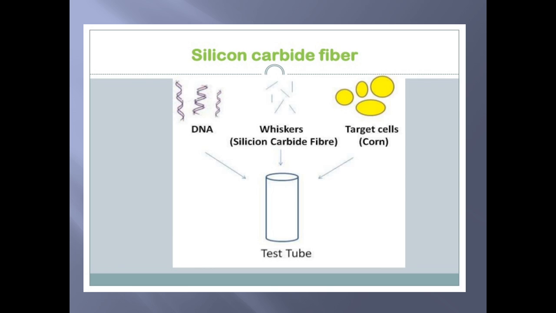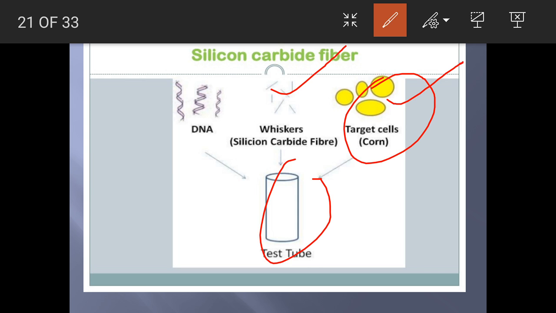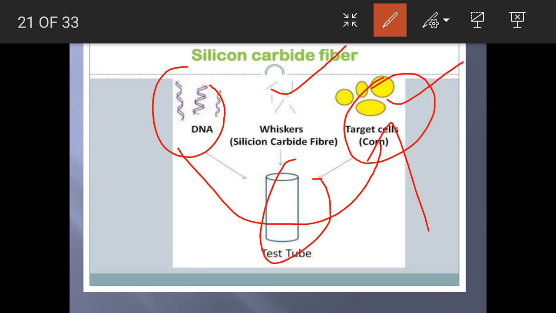Here you can find in a container or a test tube, silicon carbide fibers are taken, and then the target cell where you want to transfer your DNA, that is, you want to make these cells the transformant, and the desired gene. Now you want to transfer this DNA into these cells.